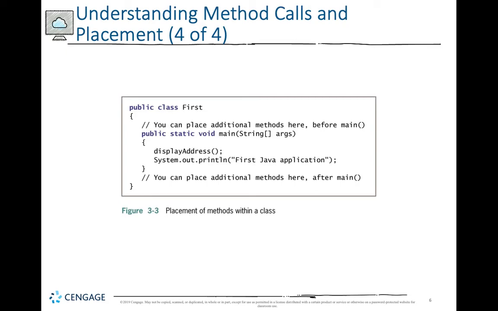And then I'd give it a variable name. Maybe I'm just going to call it first. So first, lowercase first, equals new first, parentheses. Now I've instantiated, and semicolon at the end. Got to have the semicolon. Always remember that. Now I've instantiated an object, and I could call that object from within my main method.